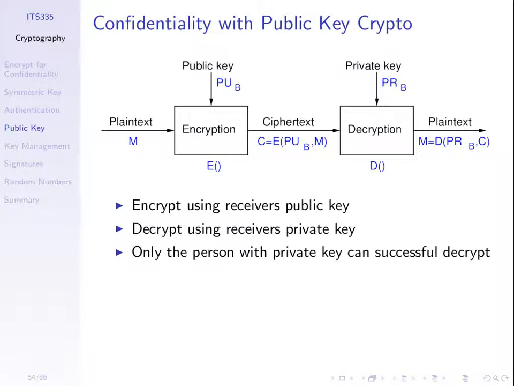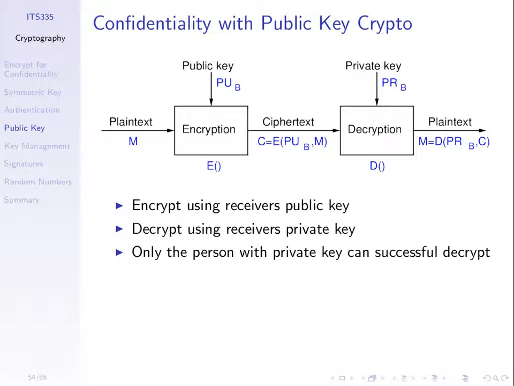So the ciphertext is obtained by encrypting the plain text message using the public key of B. We send the ciphertext to B, and decryption takes place using the other key in the key pair. Decrypt that ciphertext using the private key of B to get the original message back.